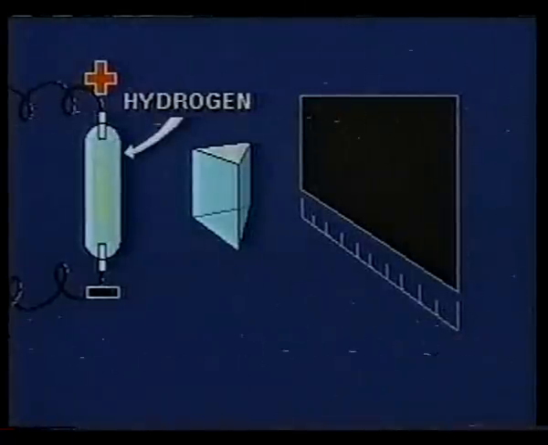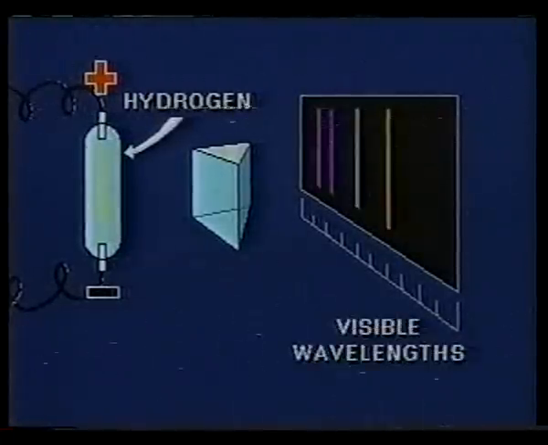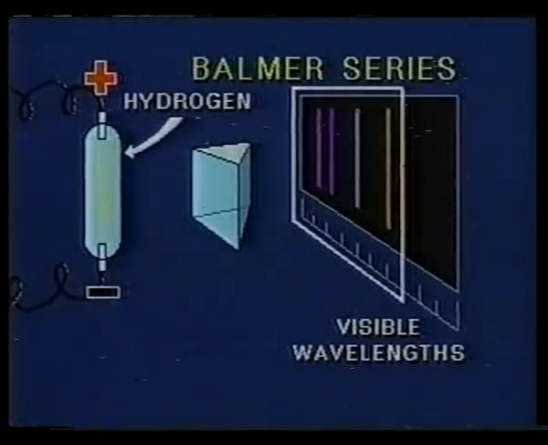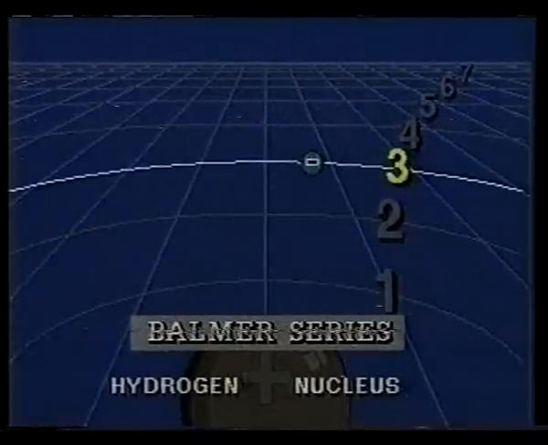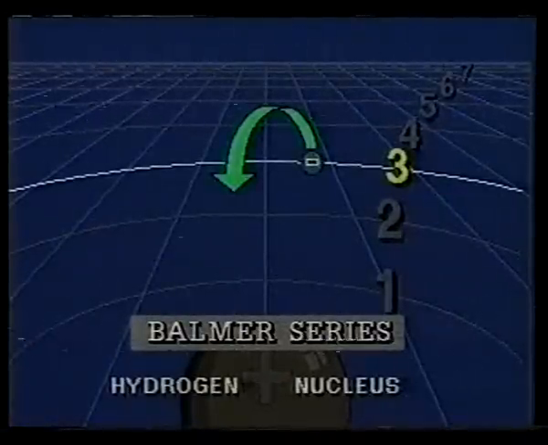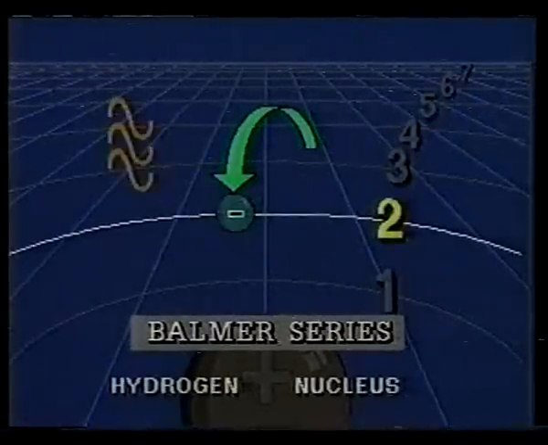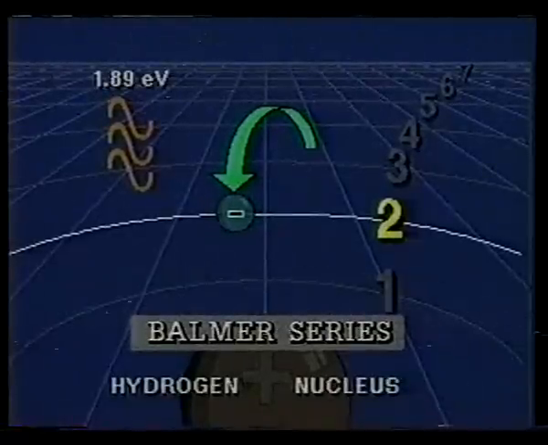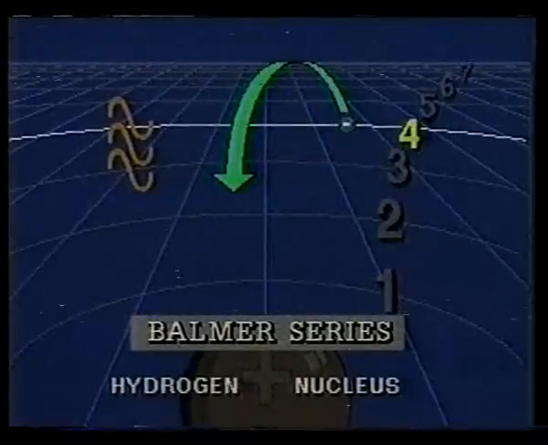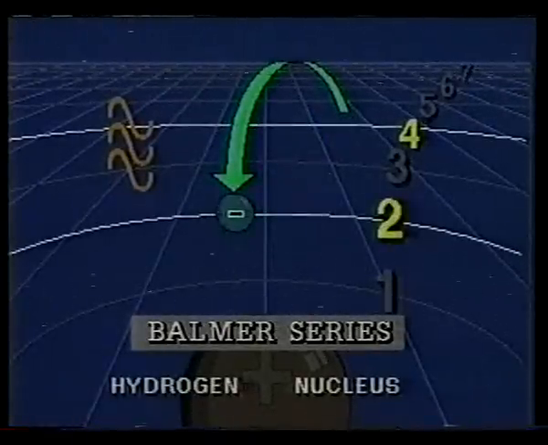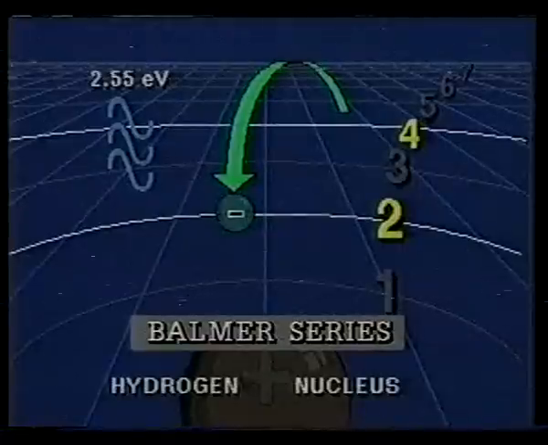Bohr proposed that each emission line in a hydrogen spectrum corresponds to the energy difference between two specific permissible orbits. The Balmer series is produced as electrons drop between orbit n equals 3 to n equals 2, n equals 4 to n equals 2, and so on.